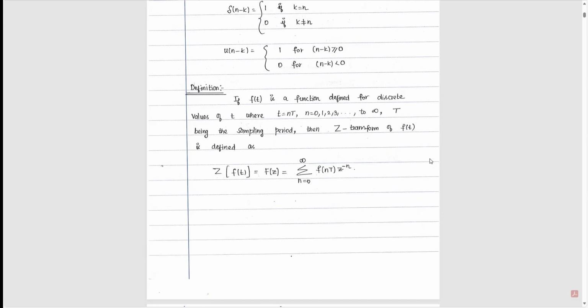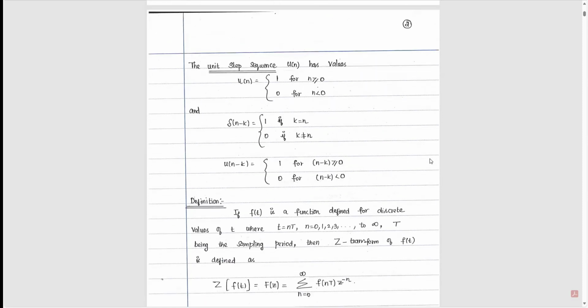And for u(n minus k), when n minus k is greater than or equal to 0, then we take it as 1, and 0 when the difference is less than 0. Now next, function. You got till here?